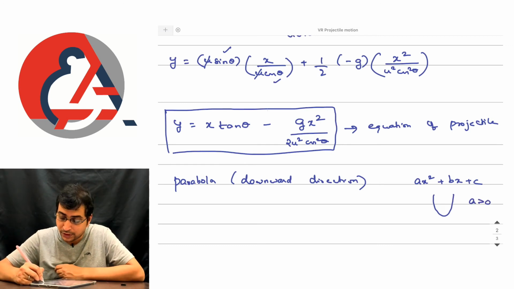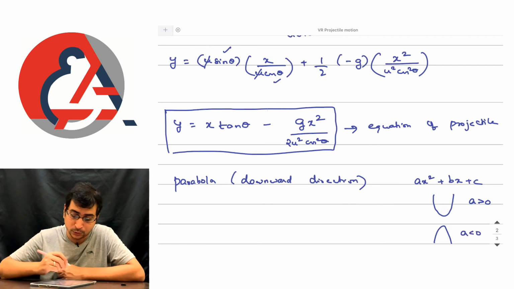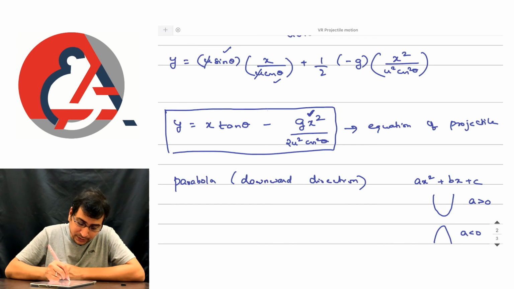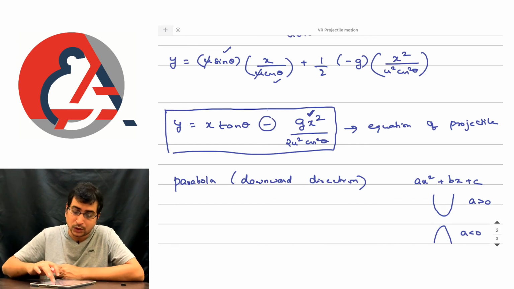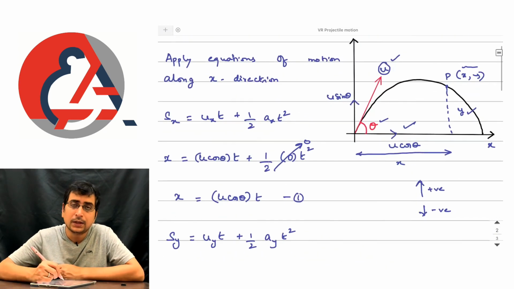It represents a downward parabola if the coefficient of x square is less than 0. If you observe the coefficient of x square here, it is negative, hence it represents a downward parabola. That is why the path in which the particle is traveling is a downward parabolic path.